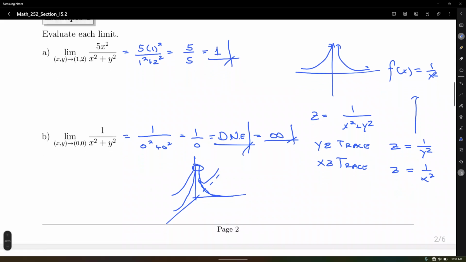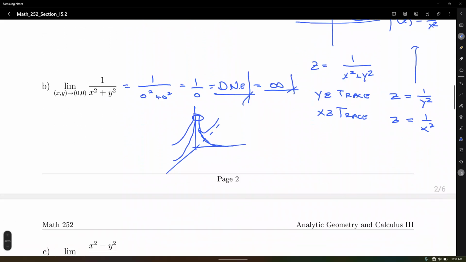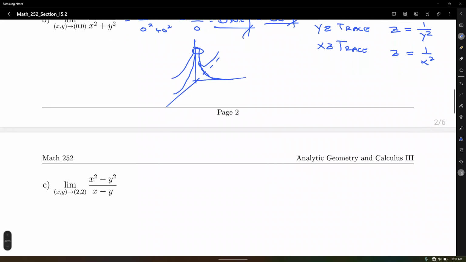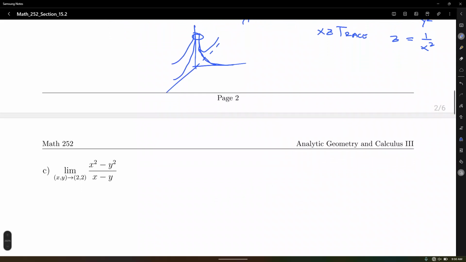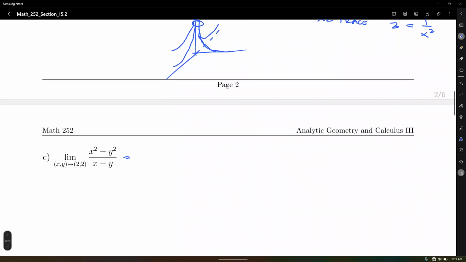All right, so let's have a look at another example. What about the limit of x squared minus y squared over x minus y as x approaches 2, y approaches 2? Okay, so number 1, direct substitution. 2 squared minus 2 squared over 2 minus 2.